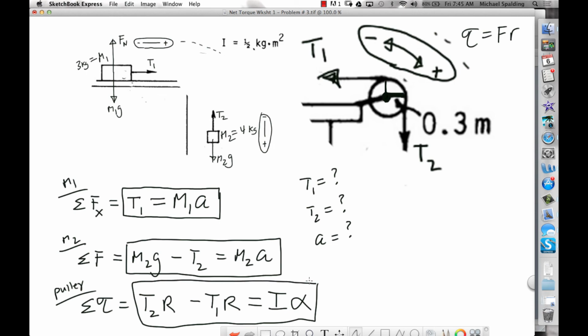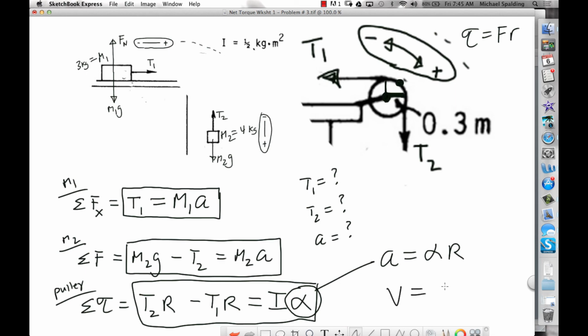Okay, so now we got 3 equations, but look, we got to substitute in for this alpha here. What's the equation that we need at this point? Linear acceleration. If you focus on a point on the perimeter of the pulley, the linear acceleration is equal to the angular acceleration times the radius. Just like we did, look, for tangential velocity.